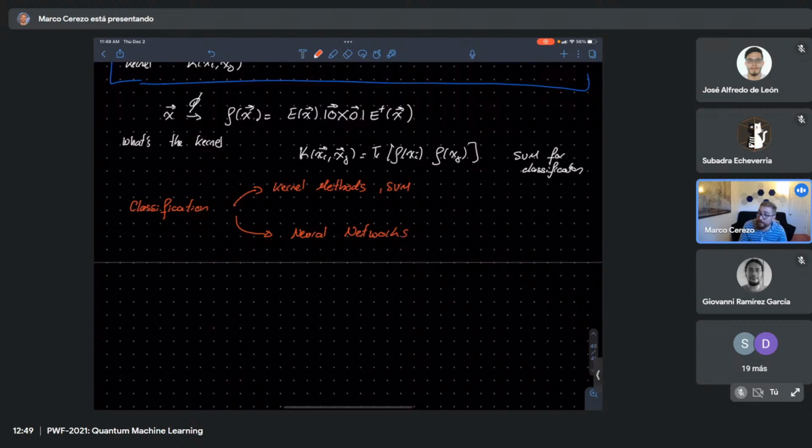And we can do the same with quantum mechanics. We can try to generalize this idea of kernels and support vector machines to just use your Hilbert space as a way to encode your information into a higher dimensional space and try to classify it there.